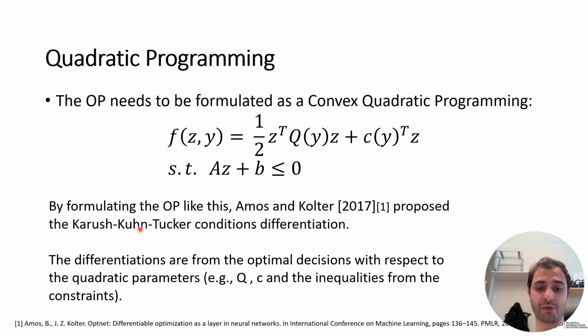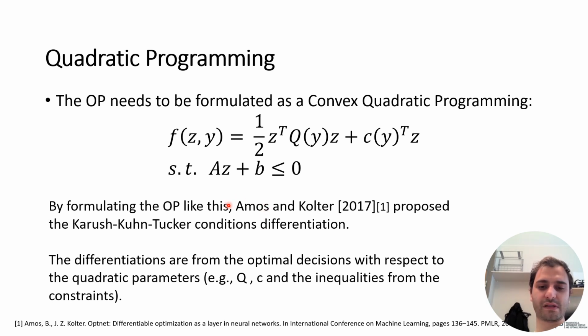By formulating the OP like this, Amos and Kolter proposed the KKT, which is the Karush-Kuhn-Tucker conditions, differentiation. So basically, there is a way to solve quadratic programming formulations, which is solving the KKT conditions.